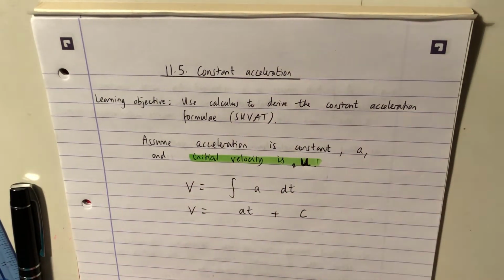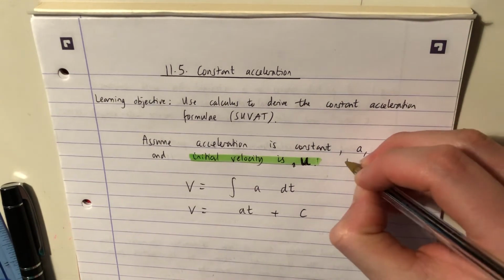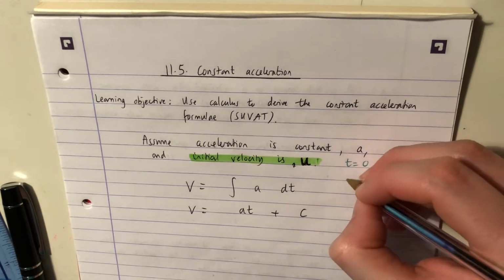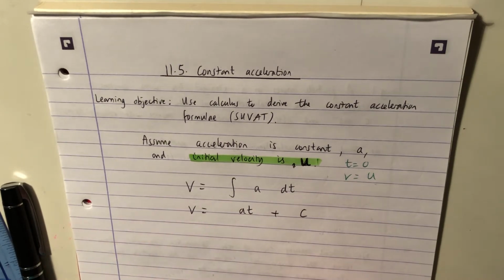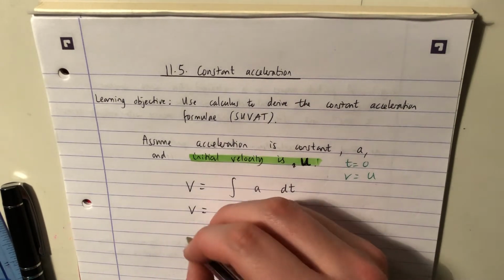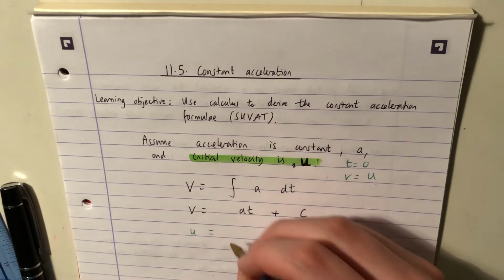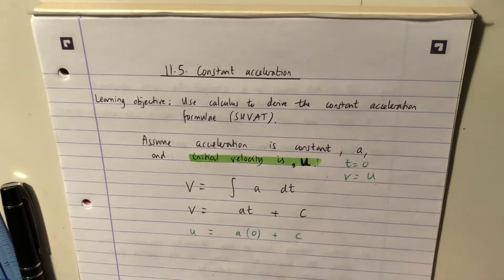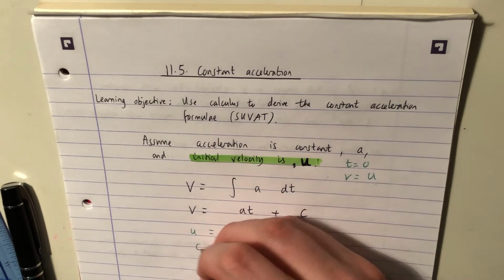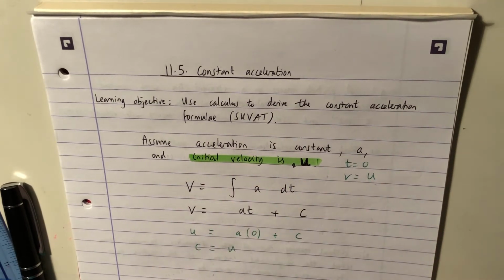Initial velocity is u, and what that means is when t is equal to 0, the velocity is equal to u. So replace v with u, replace t with 0, and that c gives us u.